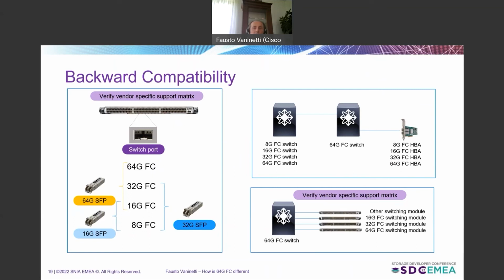And for modular network devices called directors, there is also a possibility to combine 64 gig line cards with previous generation line cards. Clearly, the backward compatibility is vendor dependent, so you need to check with your specific vendor, but it is possible that you can have old generation line cards and new generation best of breed line cards coexist within the same chassis.